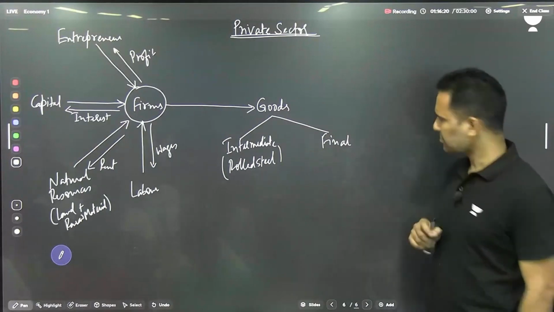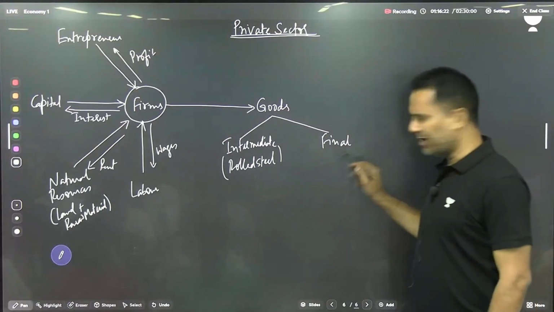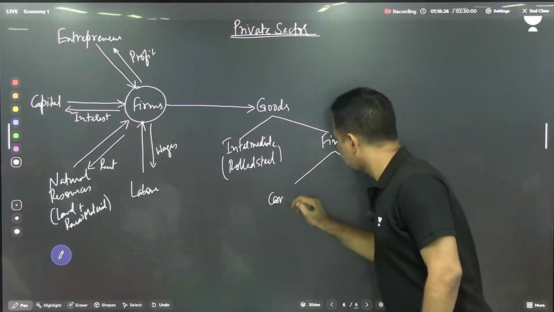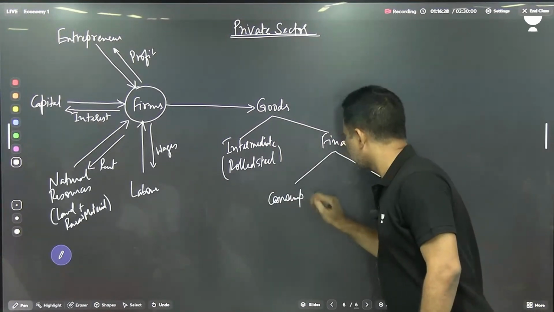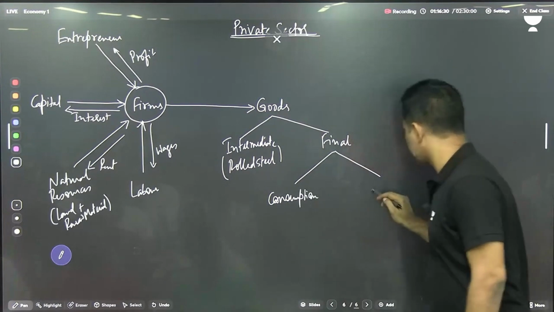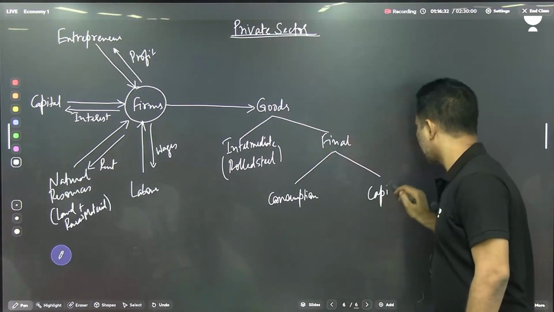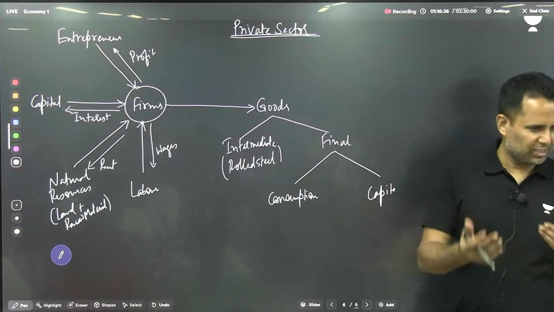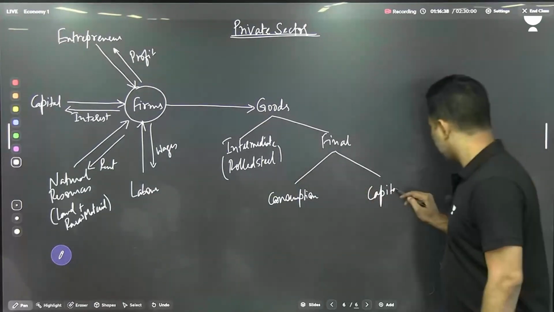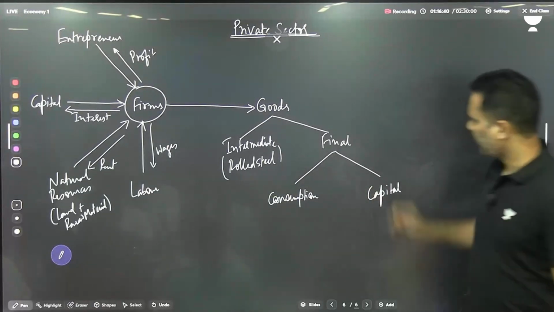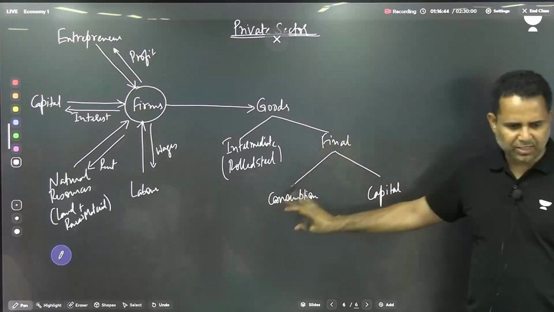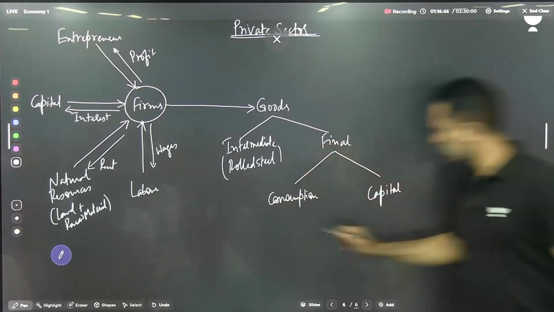ठीक है? अच्छा. Now final goods are of two types. फाइनल गुड्स, तो let's focus on final goods. फाइनल गुड्स आर ऑफ टू टाइप्स, कंजम्पशन एंड कैपिटल.